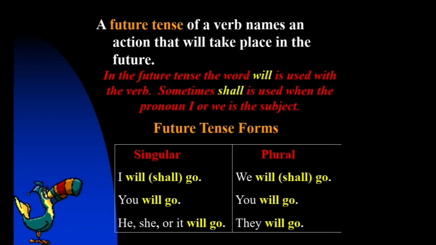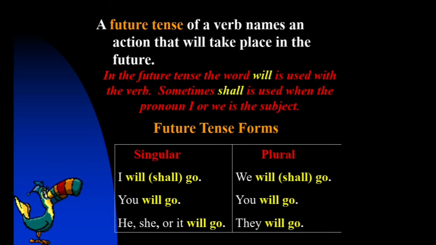A future tense verb names an action that will take place in the future. In the future tense, the word will is used with the verb. Sometimes shall is used when the pronoun I or we is the subject.